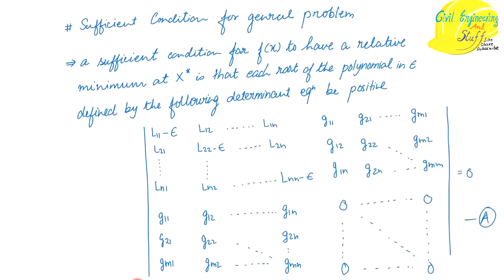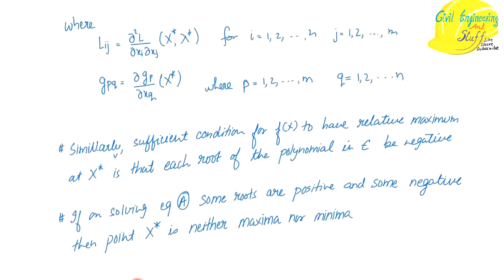If the value is negative, then we have the minima, and if the value is positive, then we will have the maxima.